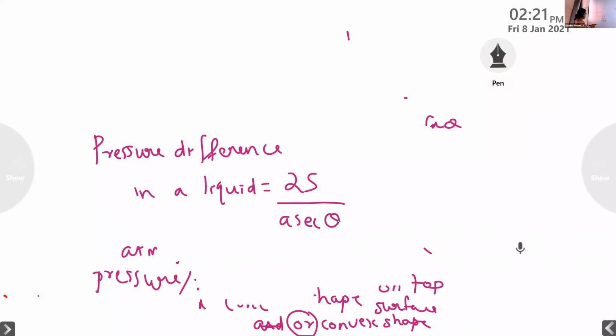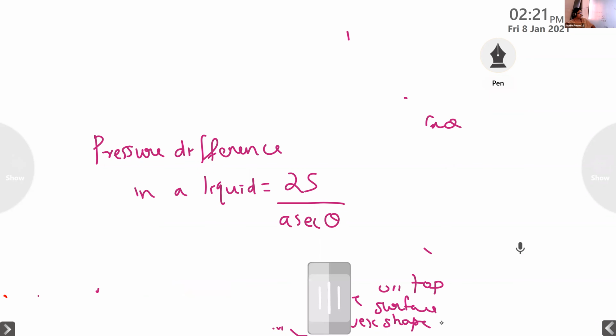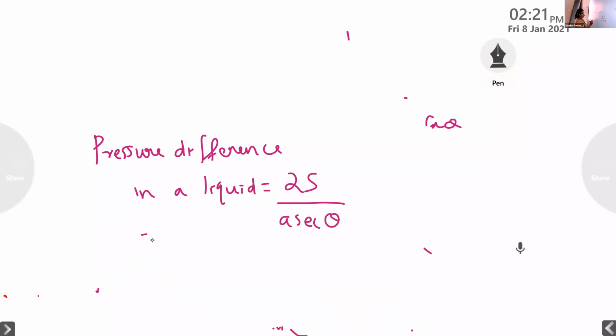That's because of the angle. We are not going to learn it this way, or 2S by a divided by cos theta, because 1 by sec theta is cos theta, no? So that way we can write it this way also, 2S by a cos theta.